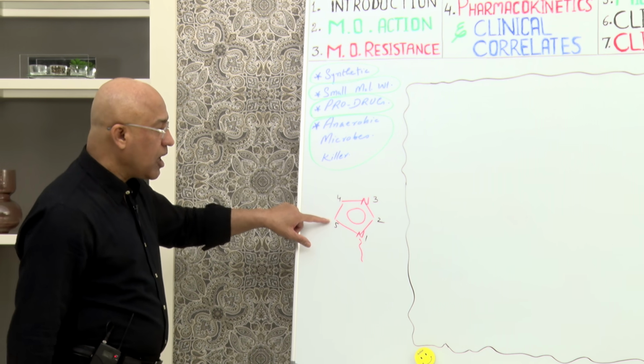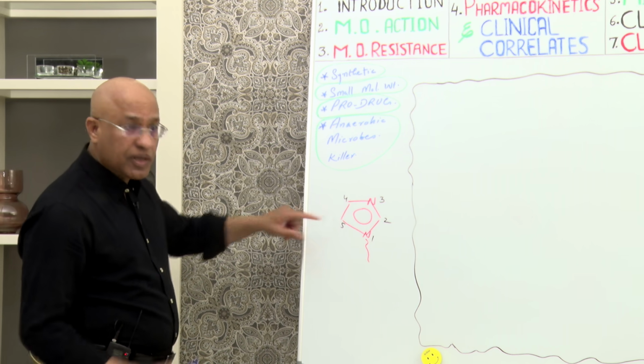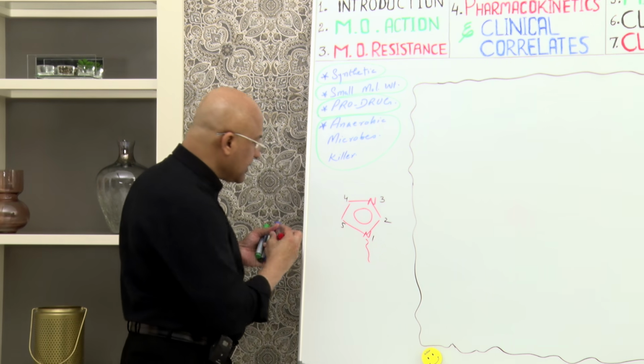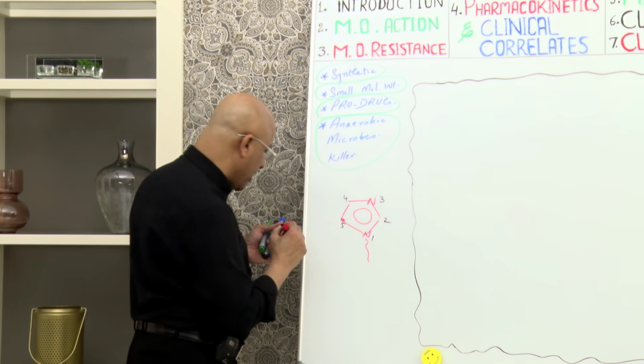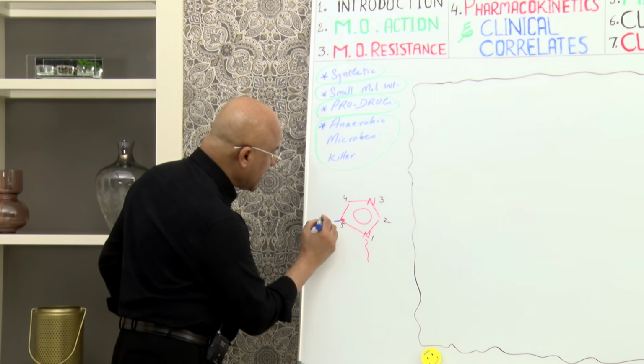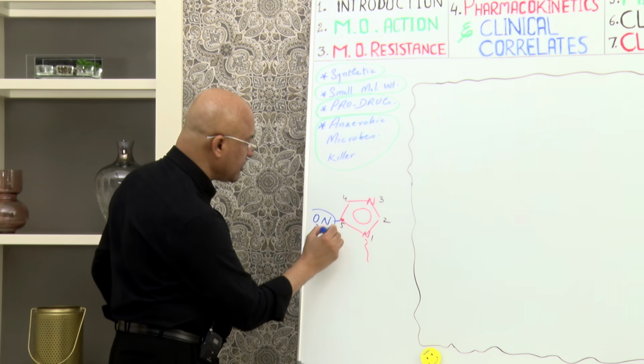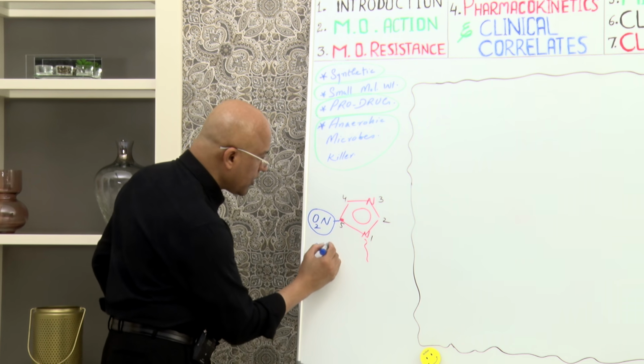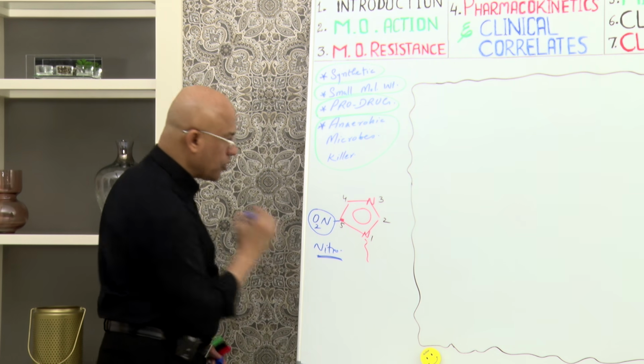a special thing about carbon number 5, that at carbon number 5 there is a very important attachment, and the attachment here is, yes, the nitro group. What is this? Nitro group.